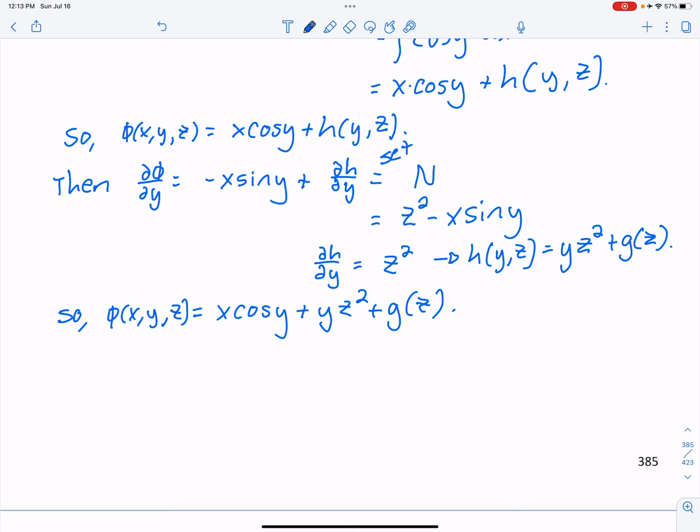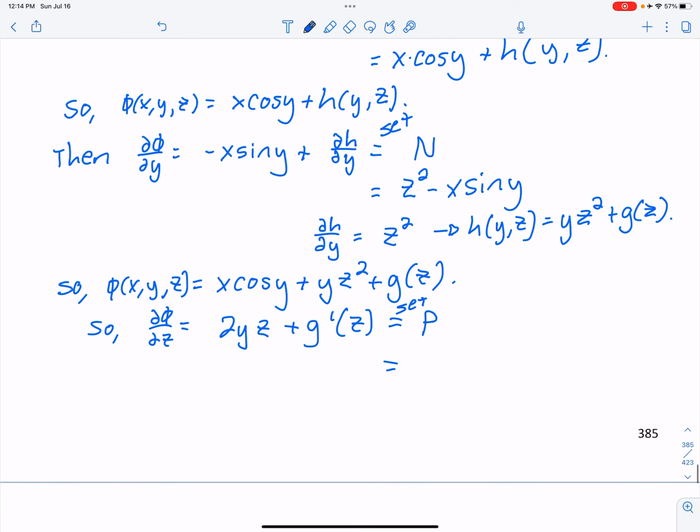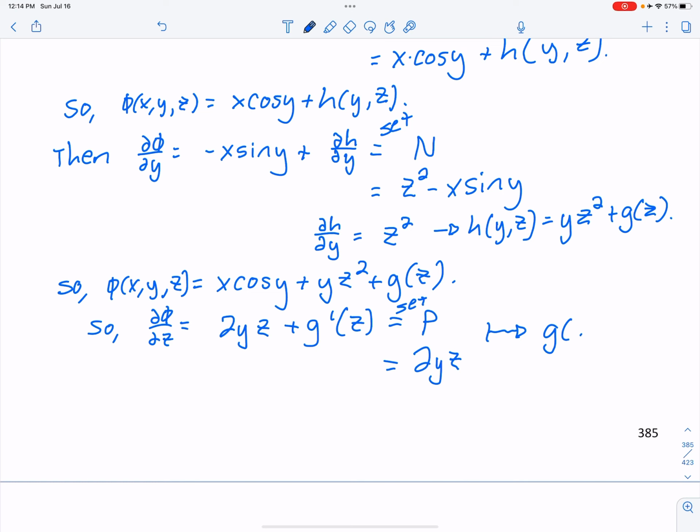So now the last part: the partial of phi with respect to z. I take the derivative of what I have, and I'm going to get 2yz plus g prime of z, and then we're going to set this equal to P. What was P? I have it on my notes. 2yz. This tells me that g of z is going to be c, a constant.